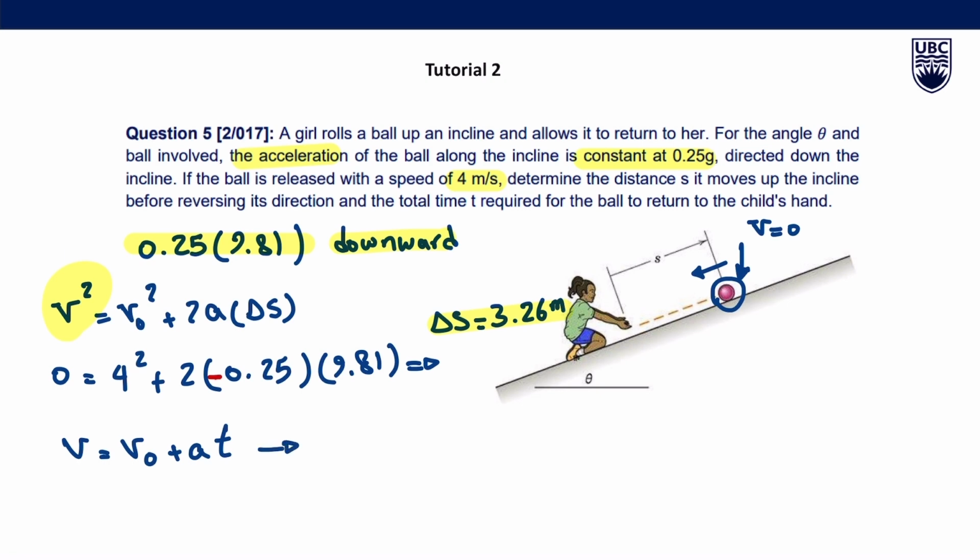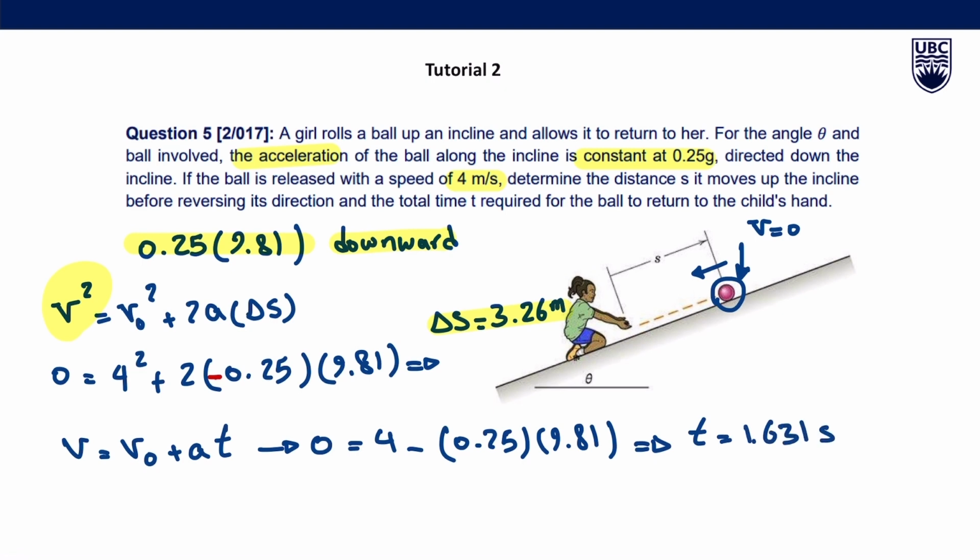So again, 0 equals 4, or let me write negative for the same reason, 4 minus 0.25 times 9.81 times t. According to this, time will be 1.631 seconds.